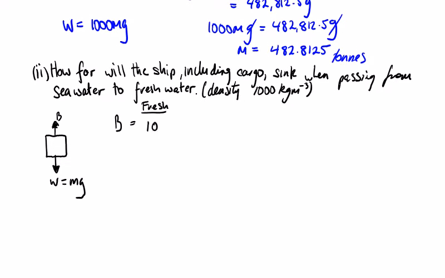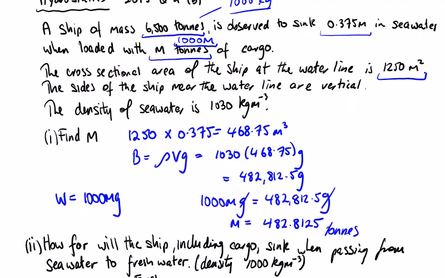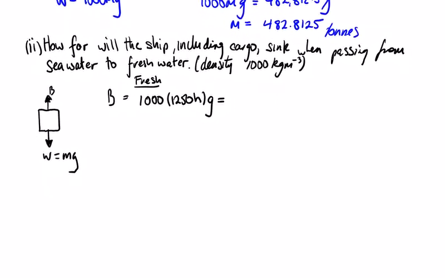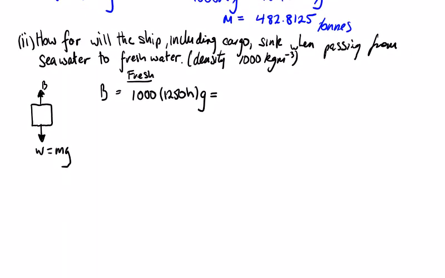So we have 1000 by the volume, which is 1250 by h, because we don't know how far down it's going, by g. And that's going to be equal to the weight, which was, what was the original? 6,500 tons. Add 482.8125 and we're going to get 6982.8125 tons, adding on 3 zeros.